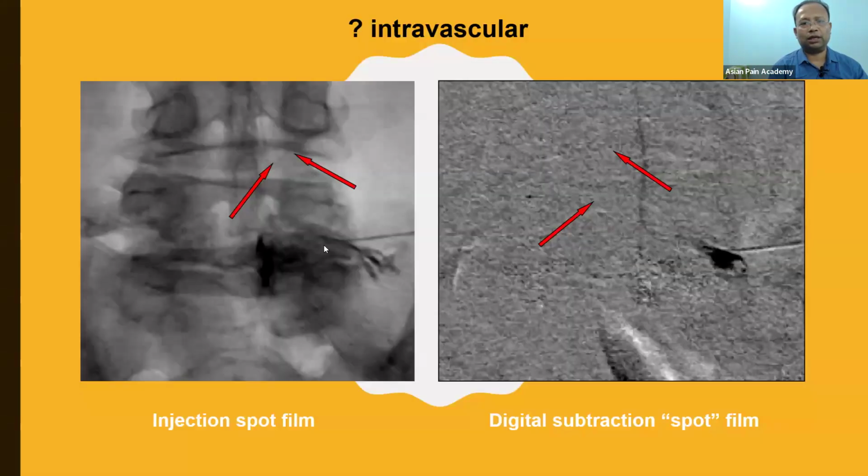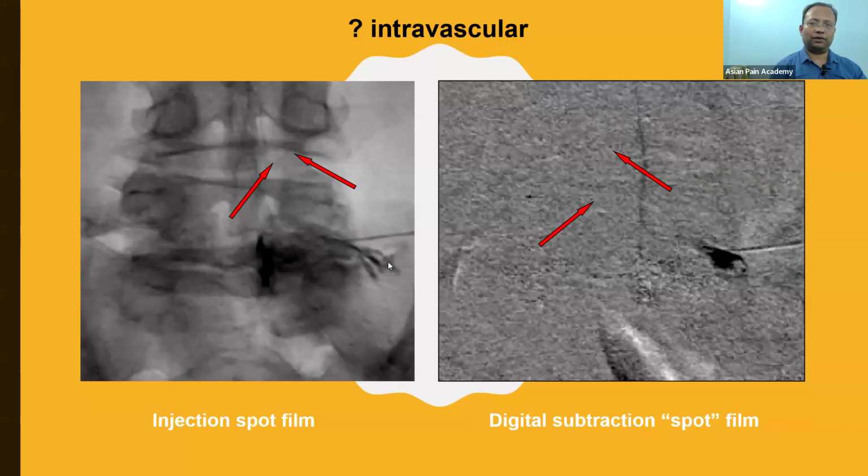See here the needle is placed in the right way, but some drug is going intravascularly. This is a DSA machine, digital subtraction angiography, showing some amount of drug going in the vessel, a very small amount.